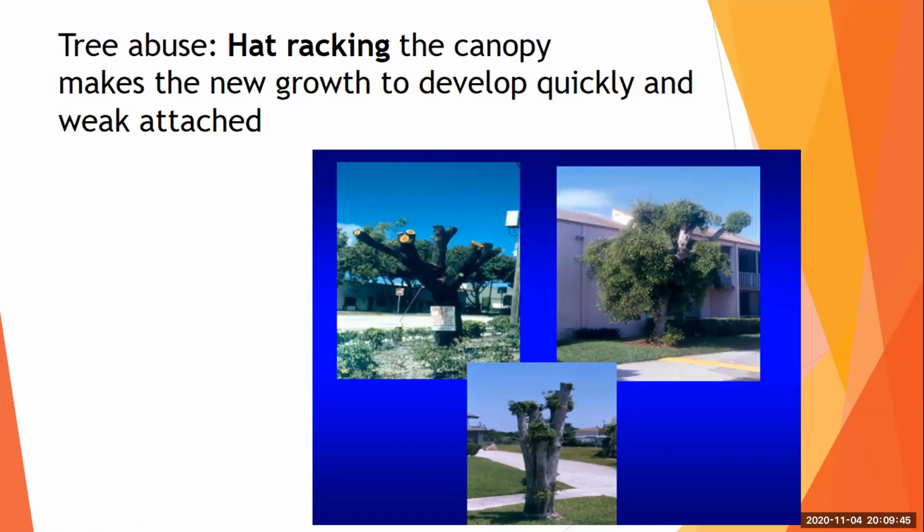Go ahead, Mark. A lot of the trees you see here are mature trees. If you were faced with that, is your best recommendation just to remove it, or can any of these trees be saved at this point? No, this is too far gone. It has to be removed.